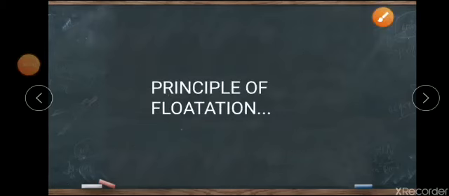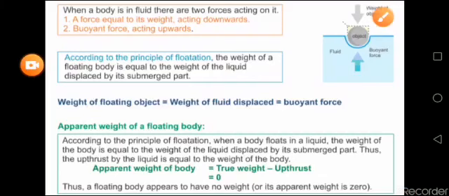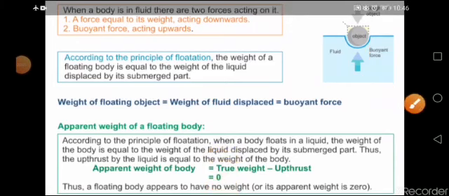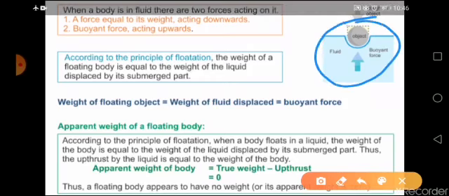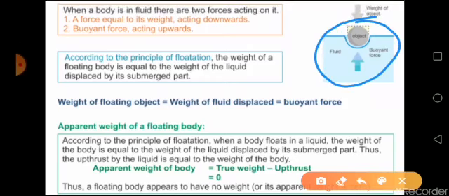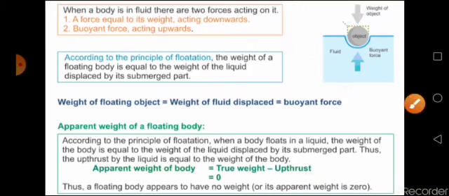Now let us move on to the principle of flotation. Before we talk about the principle of flotation, there are some points which you have to keep in mind. The first point is that whenever an object is sinking or floating, there are two forces acting on it.